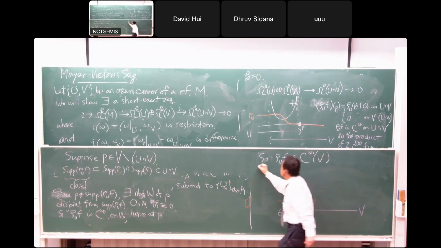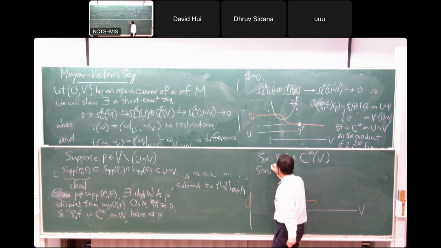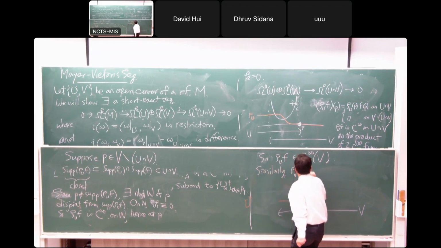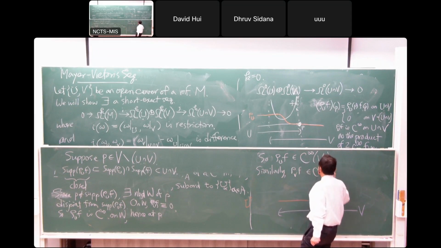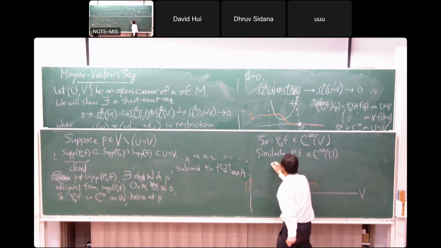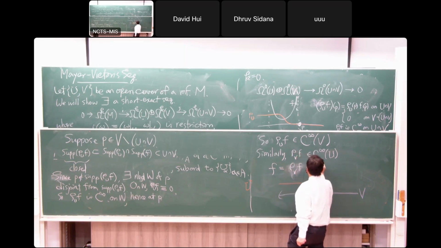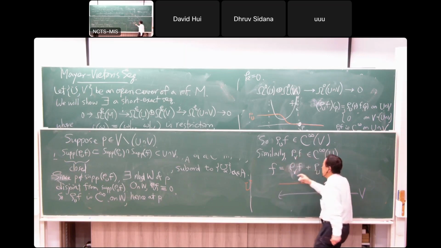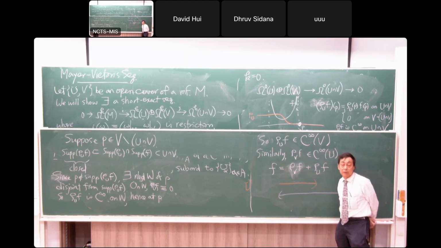And similarly, rho VF is a C infinity function on U, and you can write F as rho VF plus rho UF, because rho U and rho V add up to 1.